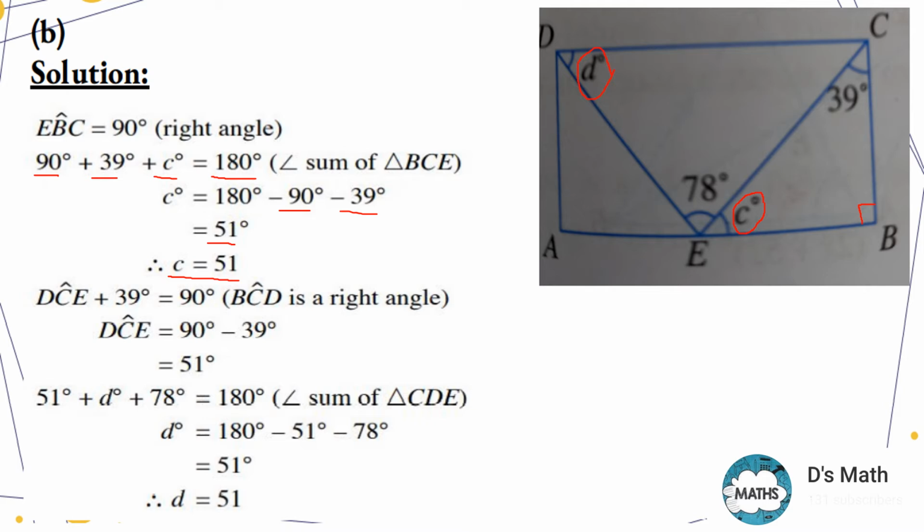Okay, now the second part is that we know DCE plus 39, the sum of these two angles, 39 plus this question mark angle, is equal to 90. ये तो हमें clear है because the edge is always of angle 90 degrees in the case of a rectangle.